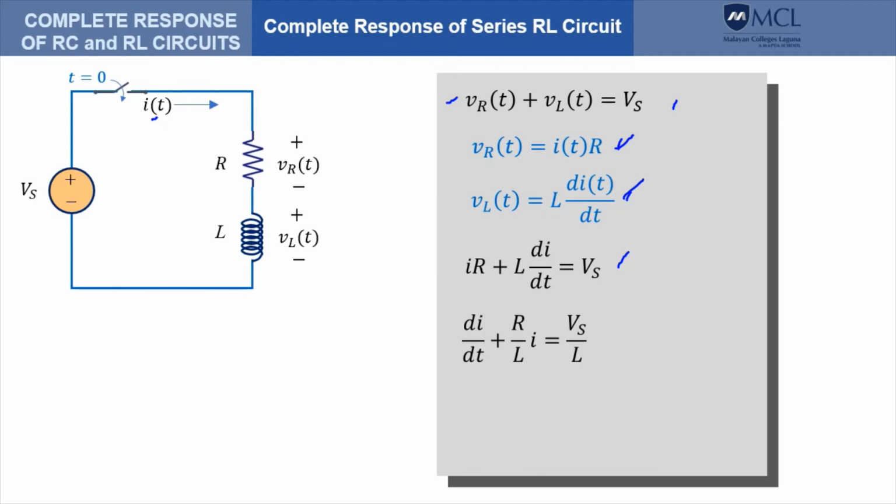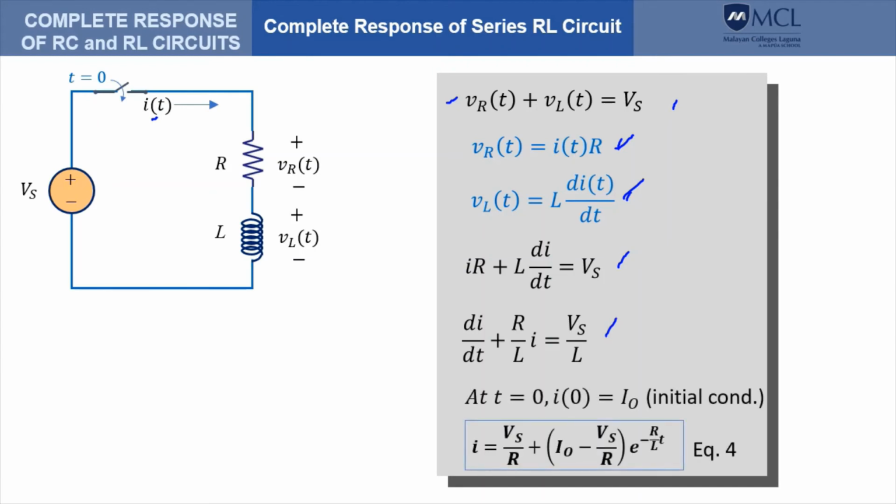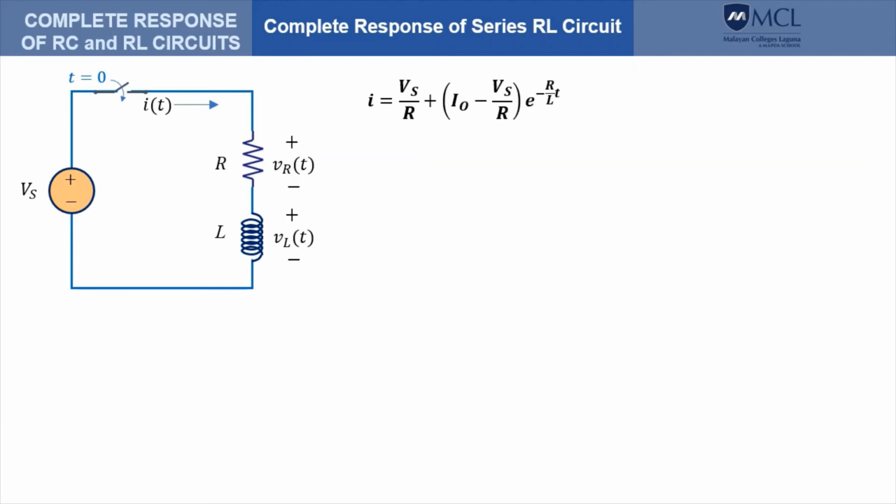And simplifying it, we'll get this format. Using the initial conditions that at t equals 0, the current through the inductor is I sub naught, we will get the solution for I as shown in equation 4. So here is the equation for I again.